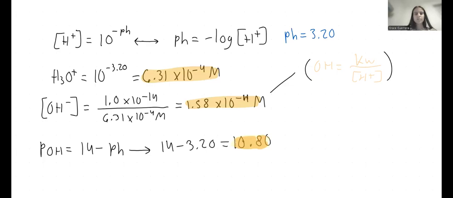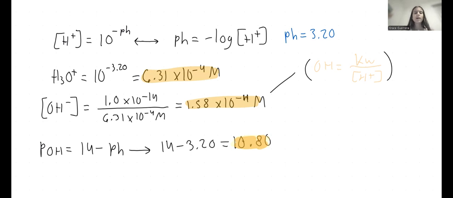Okay, so to answer the first question, to solve for our acid concentration, our base concentration, and our pH. We're given in the problem that our pH is roughly equal to 3.20. To solve for our acid concentration, that is simply 10 to the negative pH, which comes from the equation that pH is equal to negative log of H+, our acid concentration.